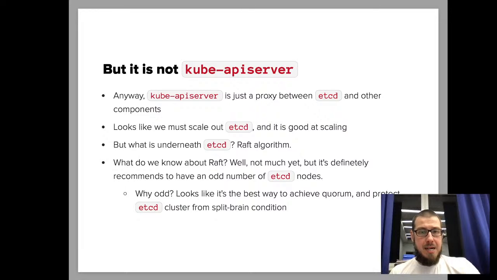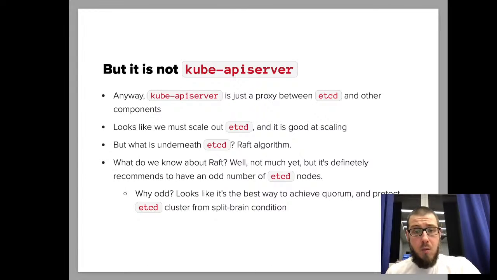But what's underneath etcd? How can we have multiple etcd nodes? Well, they use a special Raft algorithm. And what do we know about Raft? Not much yet, but it definitely recommends an odd number of etcd nodes.